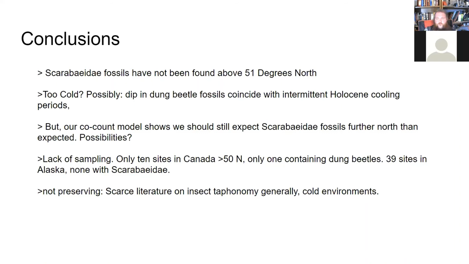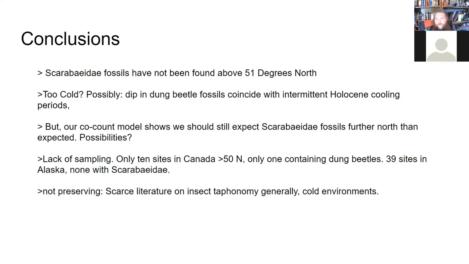So I think there are two main possibilities, and I think they're both true to some extent. One is just a lack of sampling. So ignoring Alaska, because I don't think any records of dung beetles have been found in Alaska, look just mainly at continental United States and Canada. There's only been 10 sites sampled with any insect data above 50 degrees north.